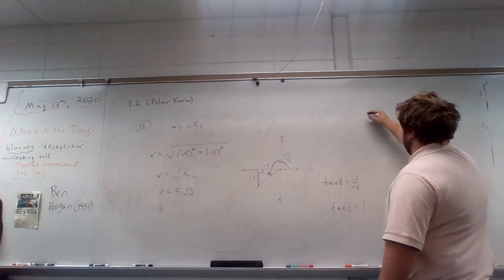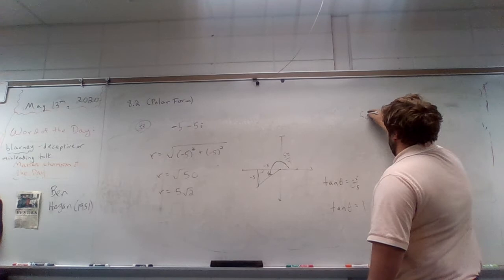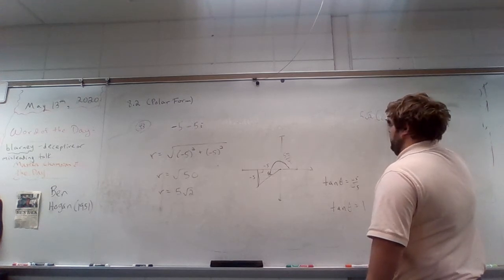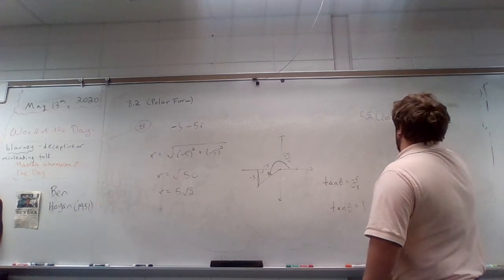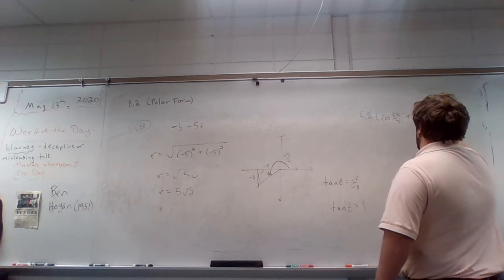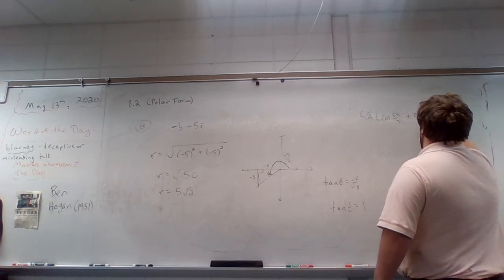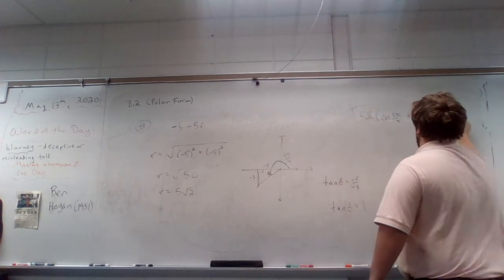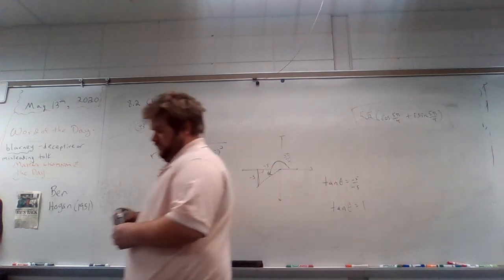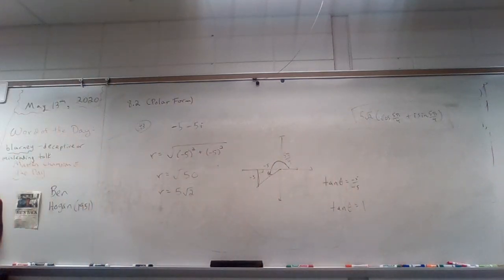So polar form then would be r is 5 root 2 times cosine of 5 pi over 4 plus i times the sine of 5 pi over 4. Okay.